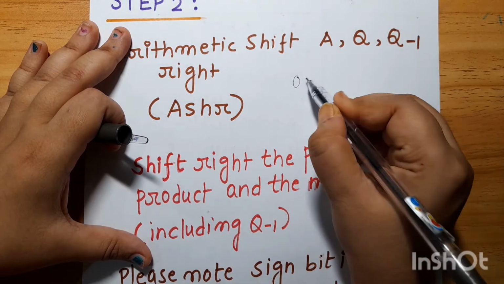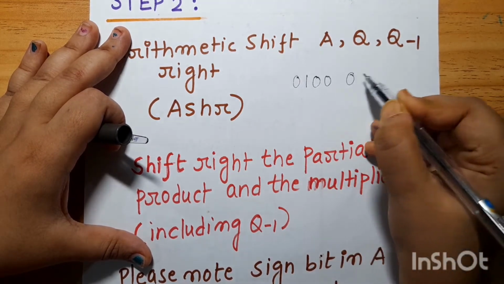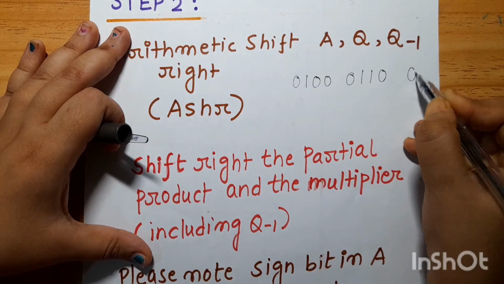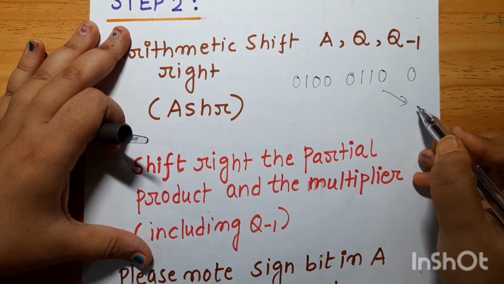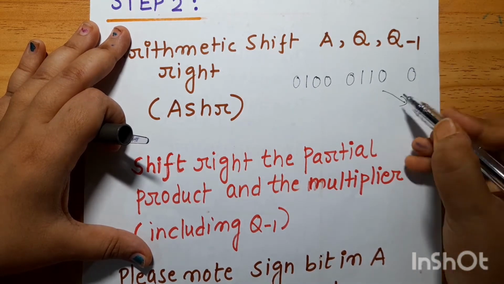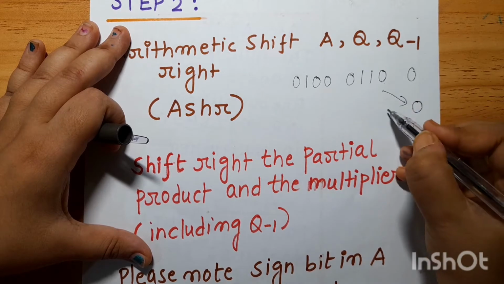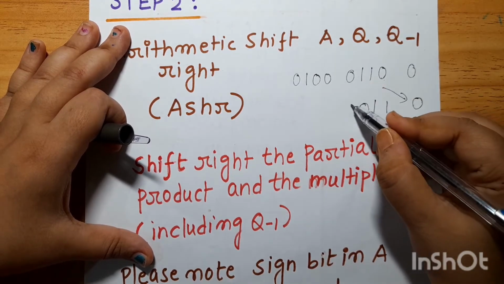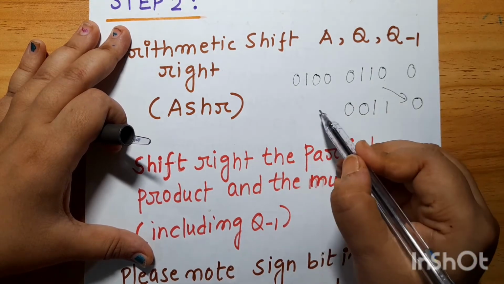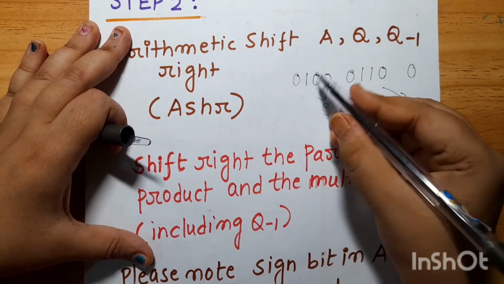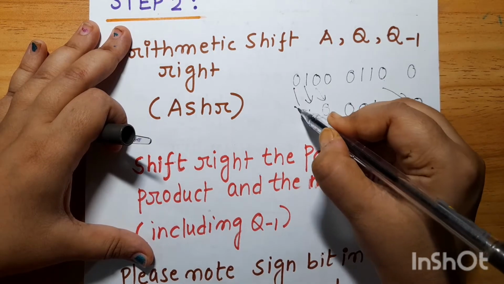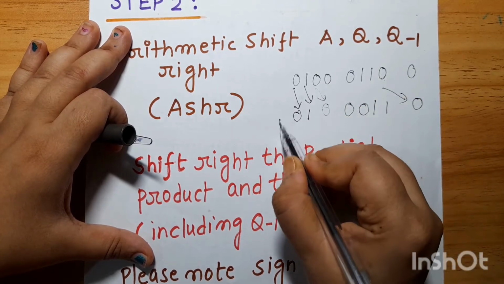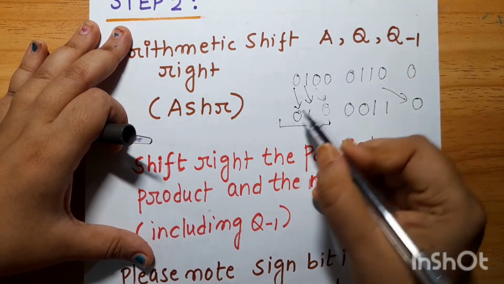Suppose it is 0, 1, 0, 0, 0, 1, 1, 0 and it is 0. Right shift is happening. This 0 will come here, this 0 will come here, 1 will come here, this 1 will come here, this 0 will come here, this 0 will come here. Then here it would be 0. This one here, this one here. Now here the MSB of A will hold the sign bit.